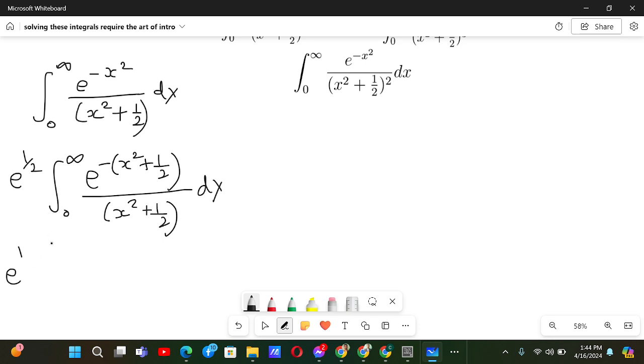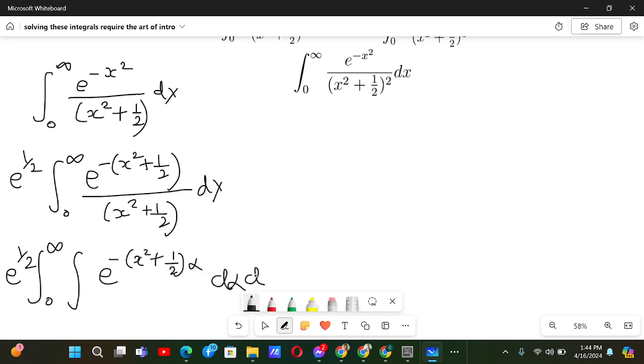So what I will do is take the integral from 0 to infinity, and also take an integral of e to the power minus (x squared plus 1/2) times alpha, d alpha dx.